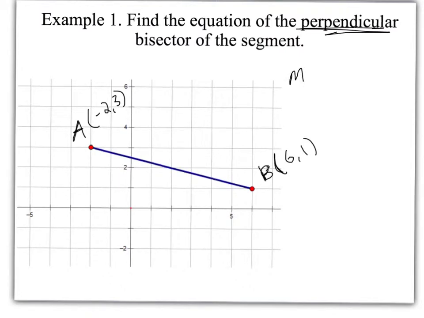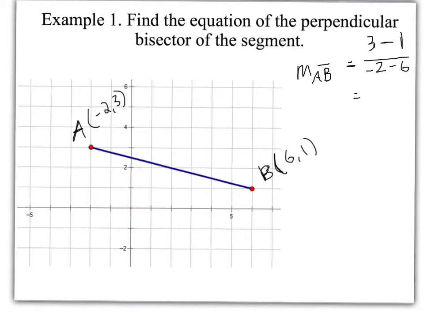So, let me do this. The slope of AB would be 3 minus 1. That's terrible looking. Alright, I'm going to redo it. Try to figure out what the slope is. Just pause here. So 3 minus 1, negative 2 minus 6.